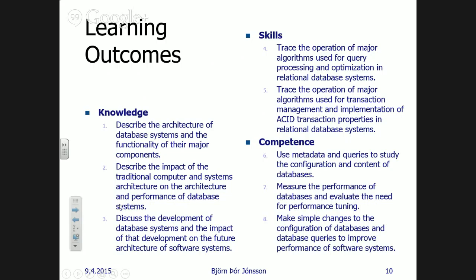All right, so discuss the development of database systems and the impact of that development on the future architecture of software systems. So that sort of is something that you should have gotten from the papers. The development, what's going on, things are going into main memory. How does that change? Well, you need larger memories, you need kind of distribution, but you still need to have disks so that some things are stable.